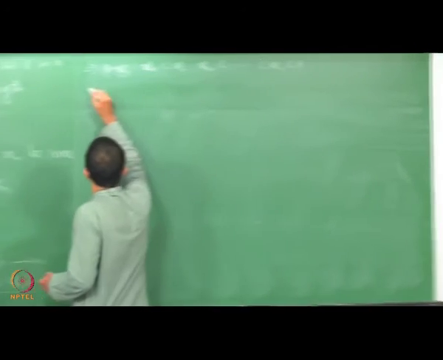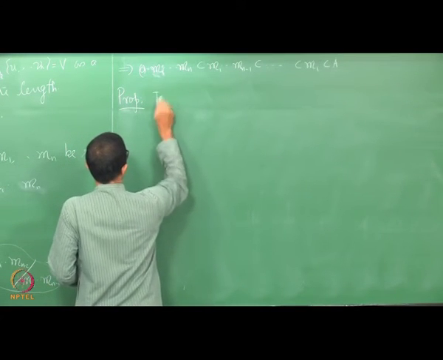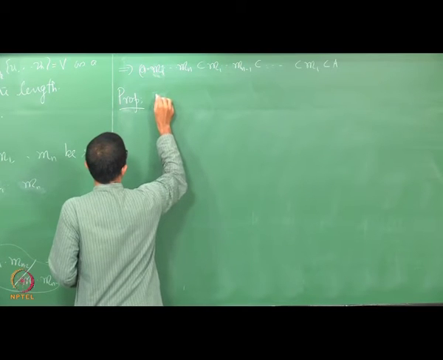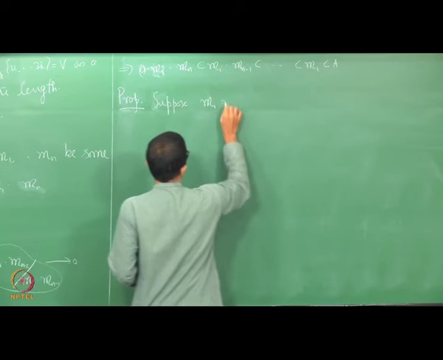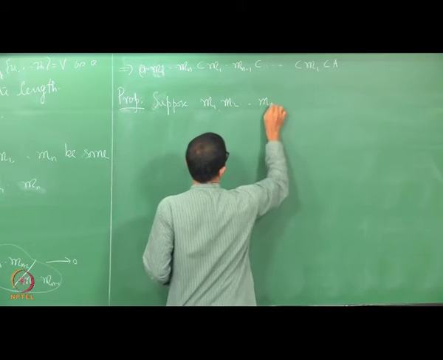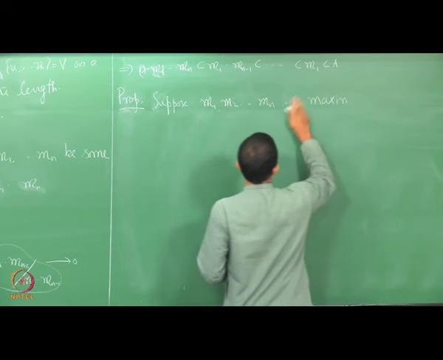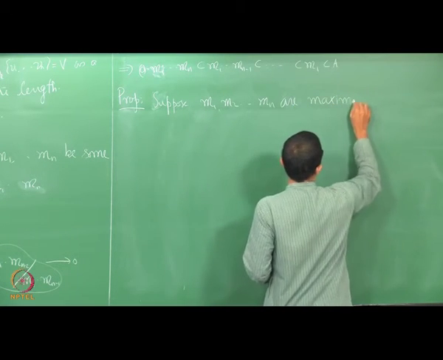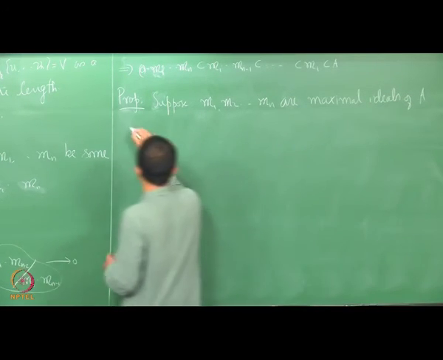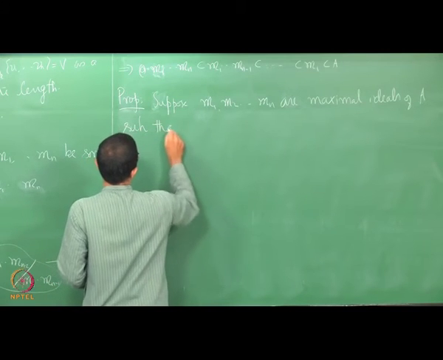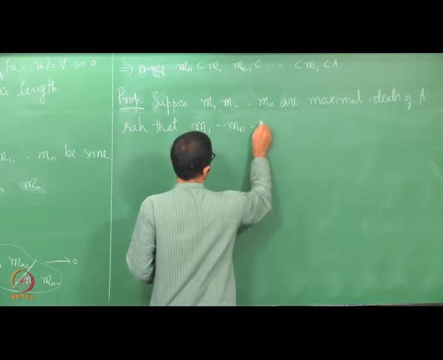So, what we have shown here is that suppose M1, M2 up to Mn be maximal ideals of A, such that the product M1 up to Mn is 0.